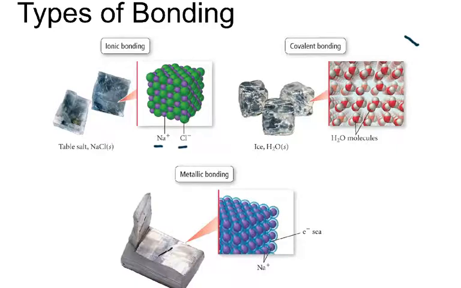There's covalent bonding, where molecules or atoms share electrons with each other and then are held together by things called intermolecular forces. And then we haven't really talked about metallic bonding, but that's bonds between metals where the electrons are kind of shared between all sorts of different atoms.